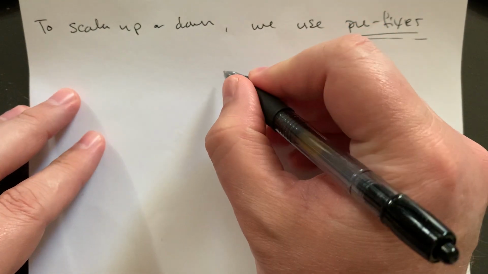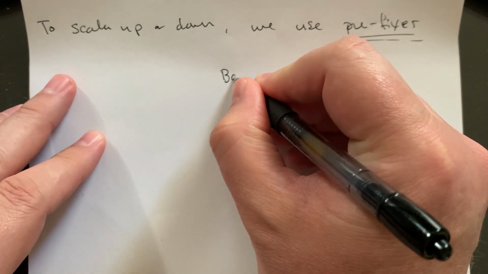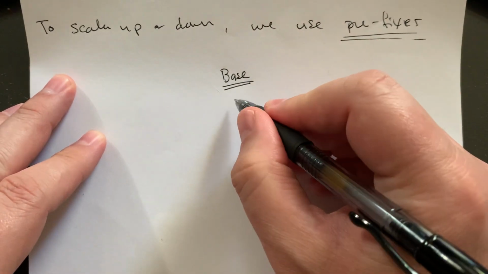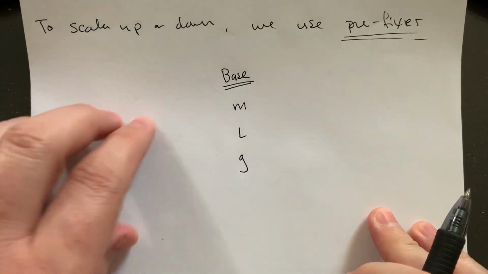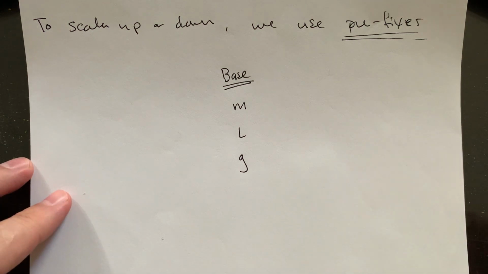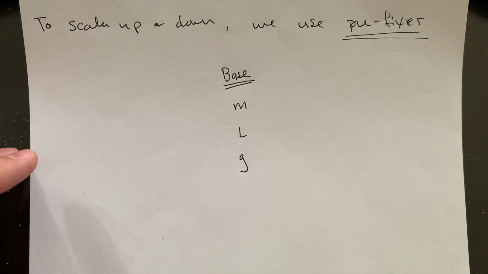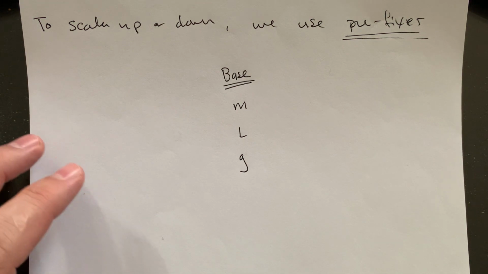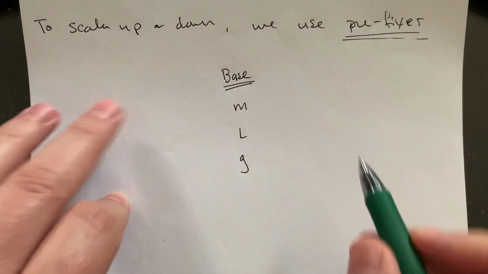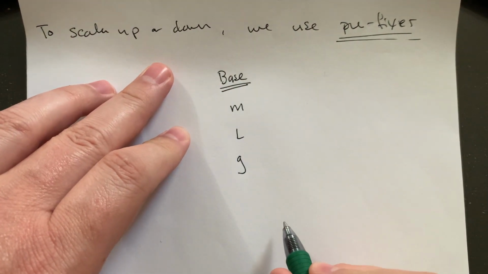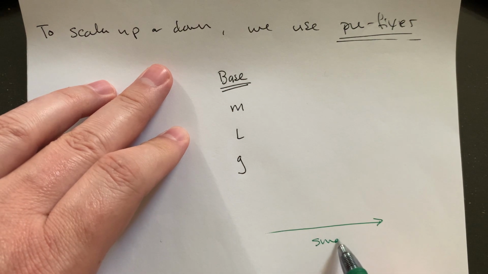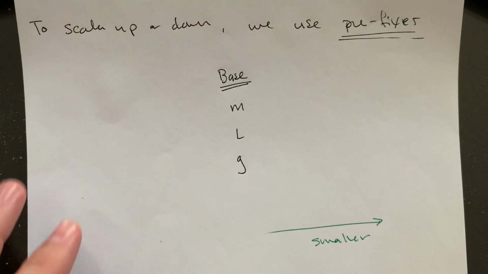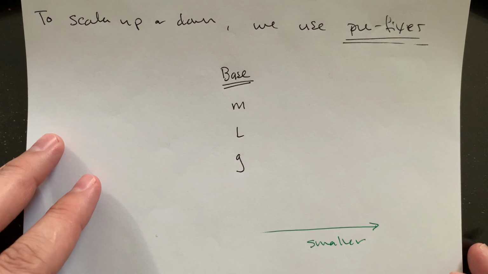So let's put our base units in the center, so that'd be meters or liters or grams. And then from there, let's scale down first. As we move to the right, our units are going to get smaller and smaller.